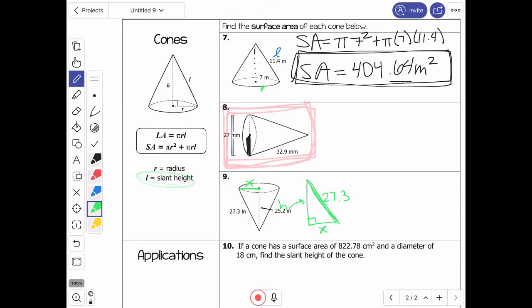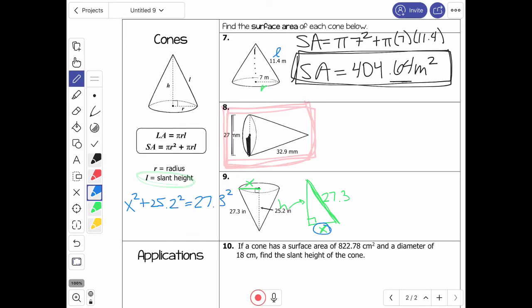Again, I'm dealing with a right triangle, so I'm going to use the Pythagorean theorem to solve for x. This time x is one of my legs, so I'm going to have it first: x squared plus 25.2 squared equals that hypotenuse, which is 27.3 squared.